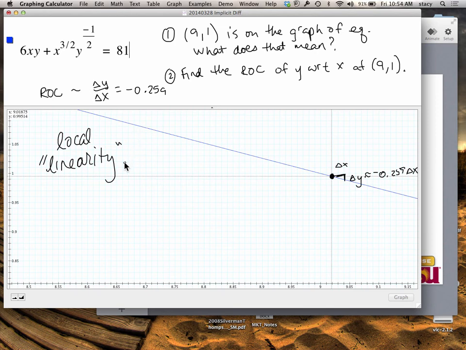So what equation could I write to model the relationship between x and y near this point? Keeping that in mind, a linear equation. How do we write a linear equation?